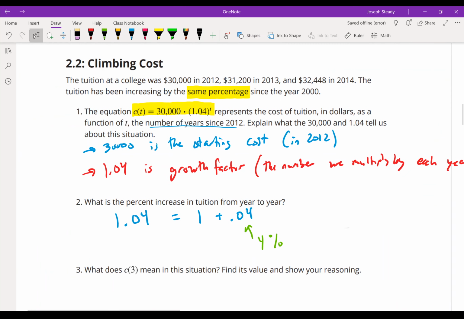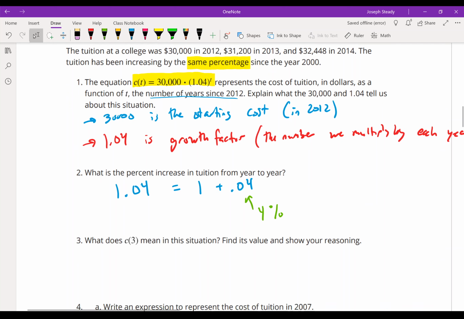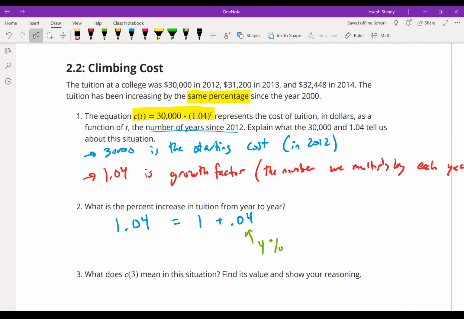So back to our problem. The next question we are asked is, what does C of 3 mean in this situation? Well, they tell us up above that t is the number of years since 2012. I underlined that earlier.